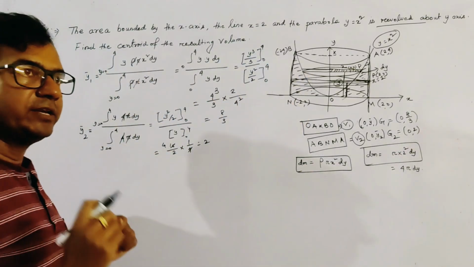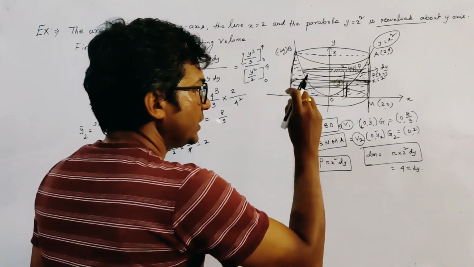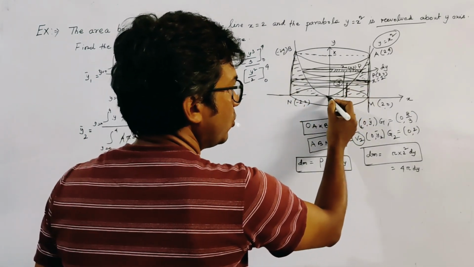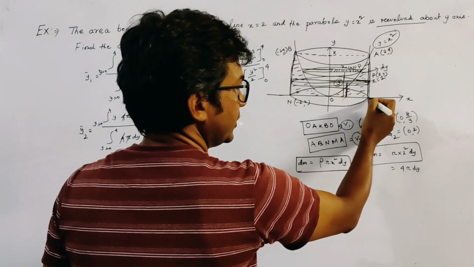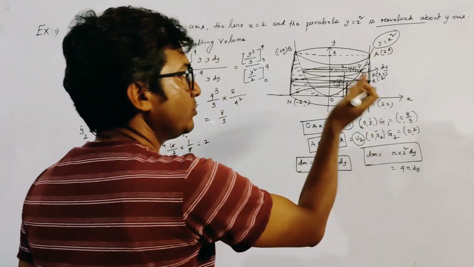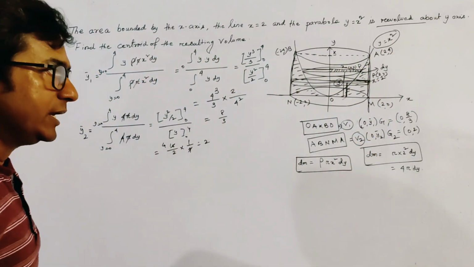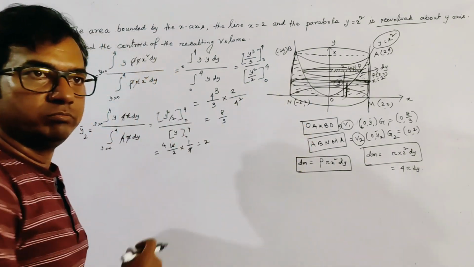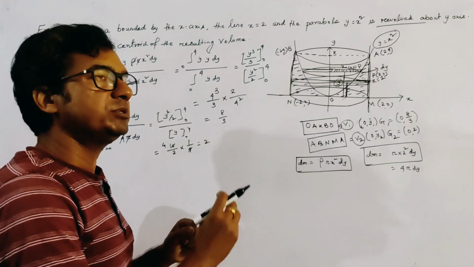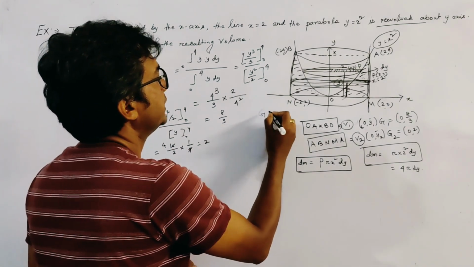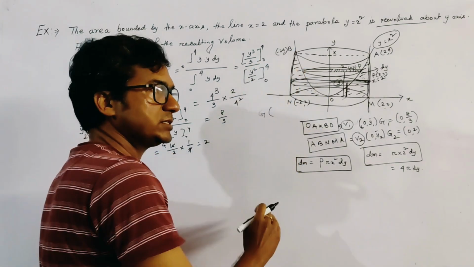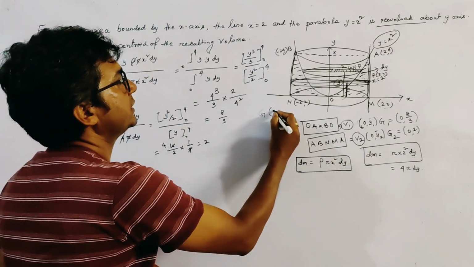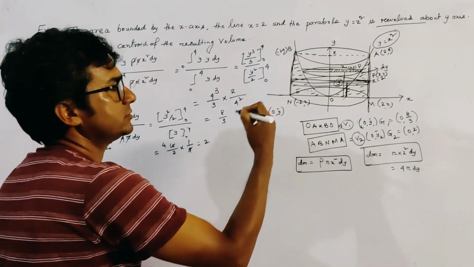Now we have to find only the center of gravity of this portion of revolution O, A, M. This portion or this area revolves about y-axis. Let the coordinate of CG of the required volume be G. This is also on the y-axis due to symmetry about y-axis, and this is 0, y bar.